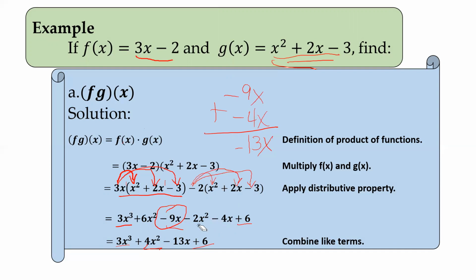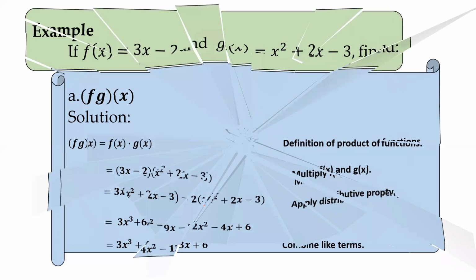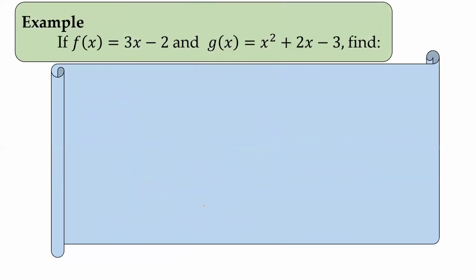Alright, so the final answer is we have 3x cubed plus 4x squared minus 13x plus 6. Alright? Okay, another example.